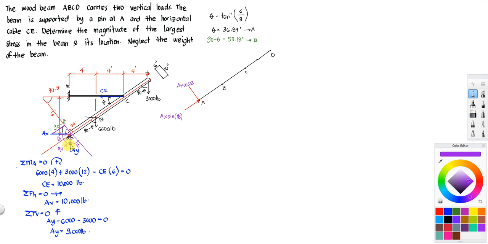And if this is 90 degrees, this is theta. And then this is 90 minus theta. And then this is theta. Okay? So, ito naman gamitin ko yung theta dito. So, due to that, meron din siyang papunta dito. Okay? Due to the AY. So, meron din siyang papunta doon. And meron din siyang papunta dito.